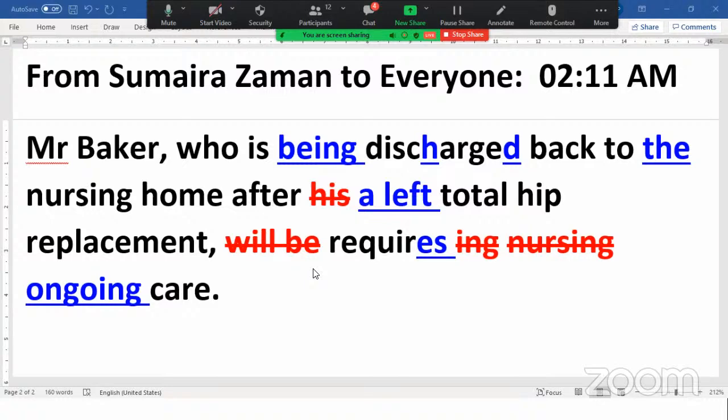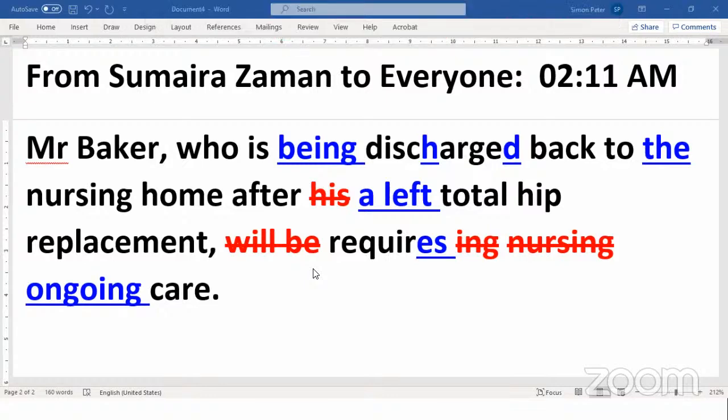Will be requiring, you're presenting future, but the meaning is always, until he totally recovers. This is how you can modify your sentence.